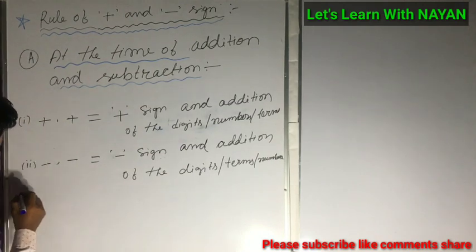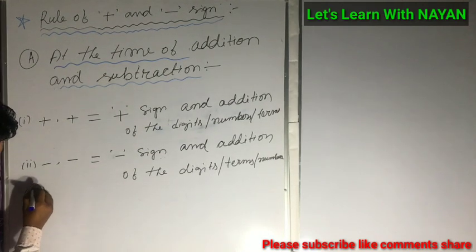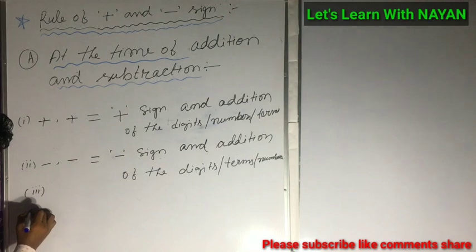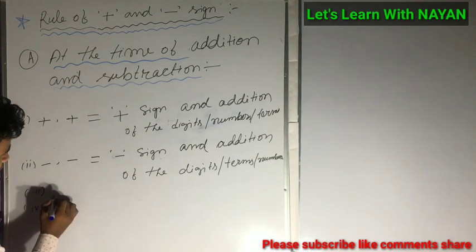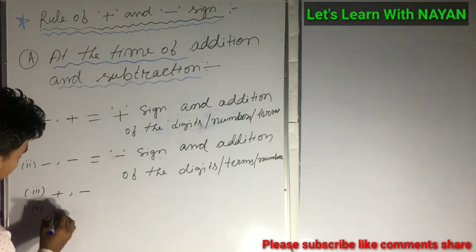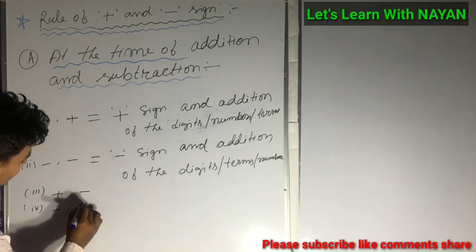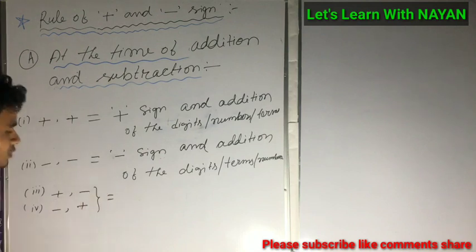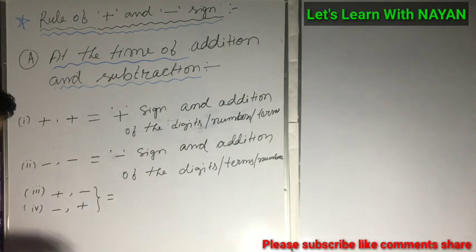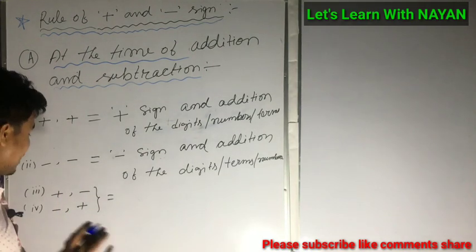Okay, so the third and fourth rules together we will write: plus, minus or minus, plus.